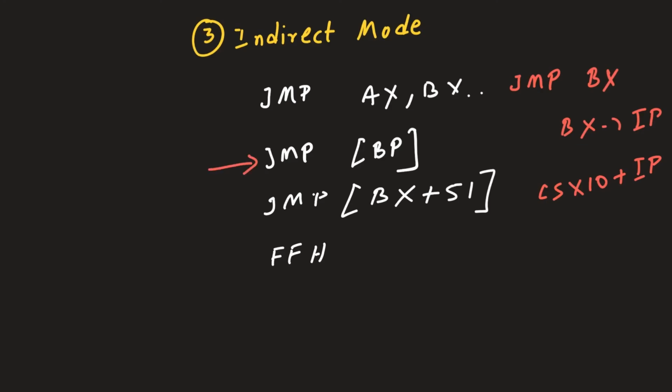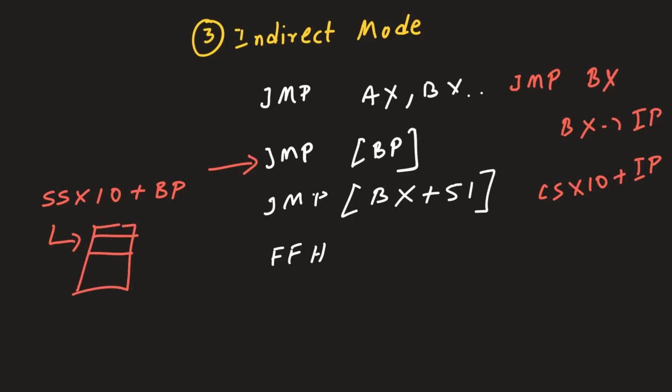In jump BP within brackets, the instruction pointer will be loaded with a value and the address of the value is pointed out by the BP register. So what will happen? It will go to the specific location using this formula, and in this location there may be data.